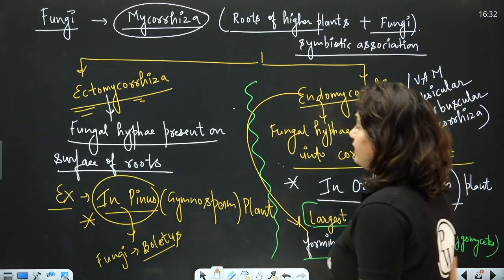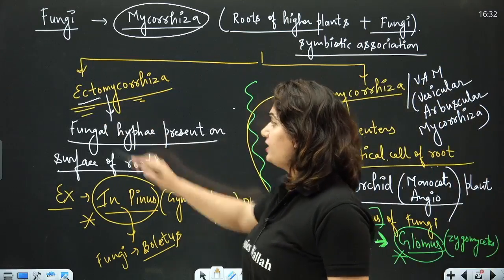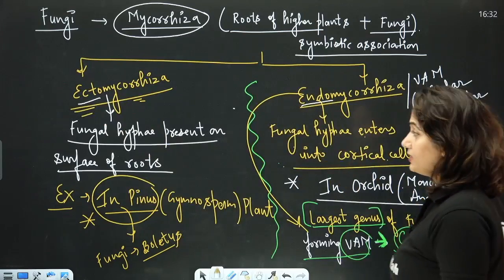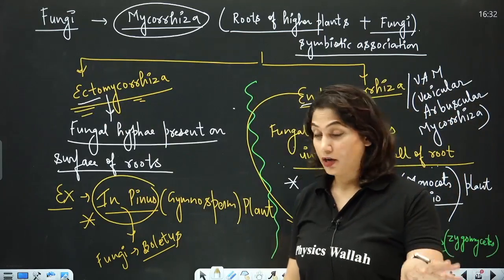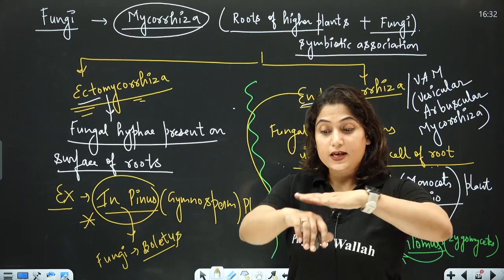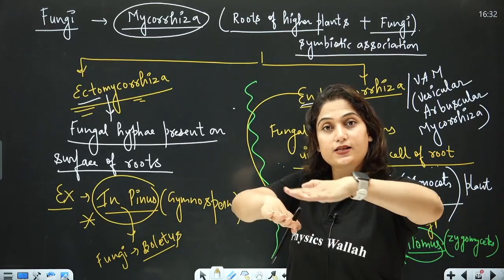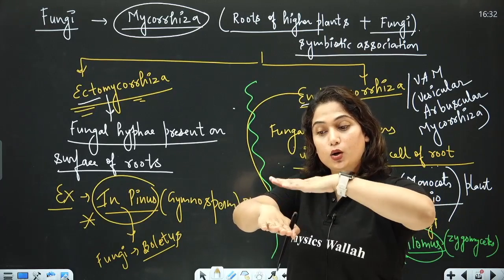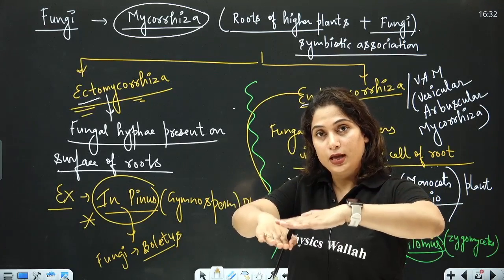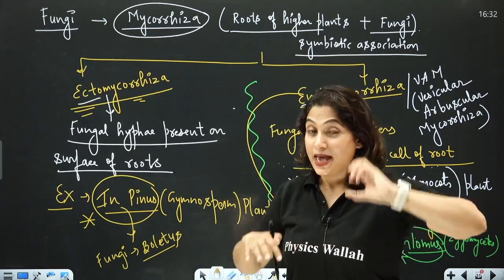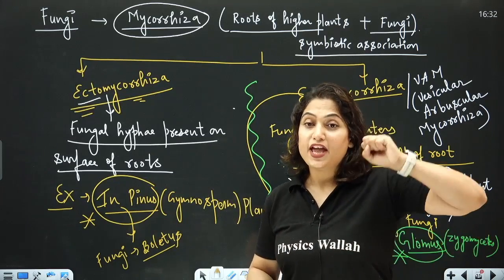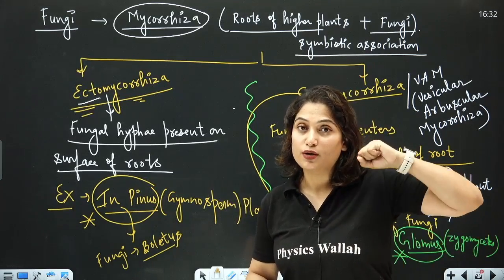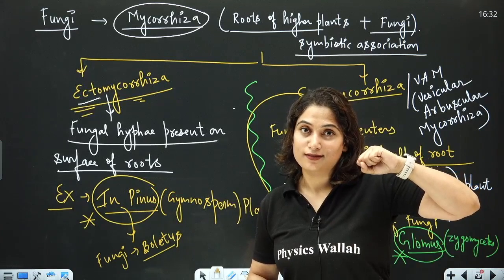This mycorrhiza is of two types, ectomycorrhiza and endomycorrhiza. If the fungi is present only on the surface of the root and helps the plant to efficiently absorb mineral elements from the soil, right?